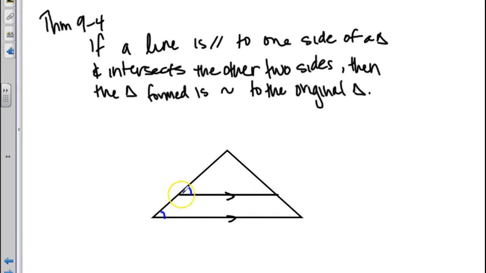Right? And then if you do the same thing, parallel lines, and then use this side cut by a transversal, corresponding angles. So we have angle-angle similarity. So we know that triangle ABC is similar to triangle DBE.